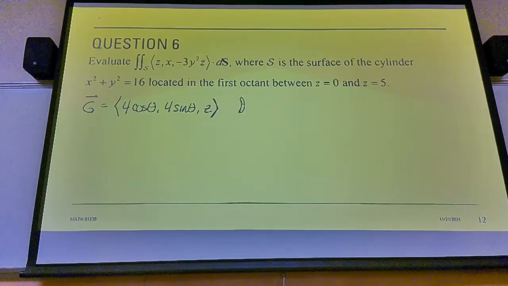What would the domain be? Half the domain is easy. The domain is beta and z. Z would be between 0 and 5.